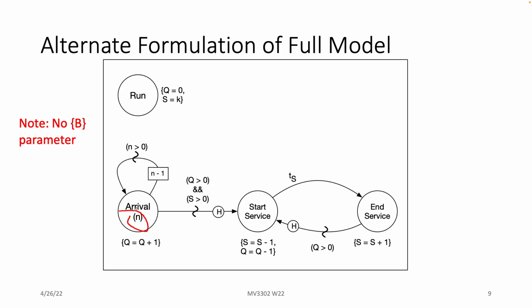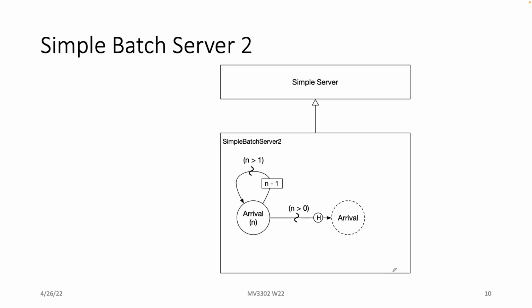So these arrivals are going to kind of keep piling up. So instead of one arrival incrementing the queue by the batch size, we're going to have the arrival incrementing the queue by one, but then scheduling itself again for another arrival corresponding to the second guy in the batch, or the remaining people. So that looks a little bit different.